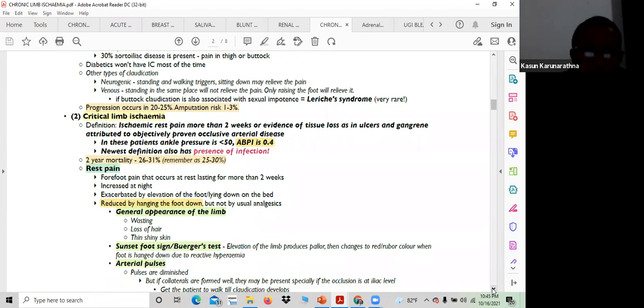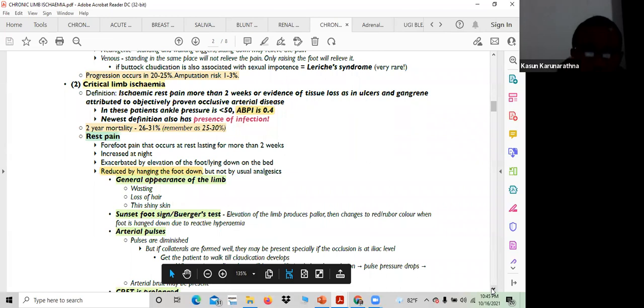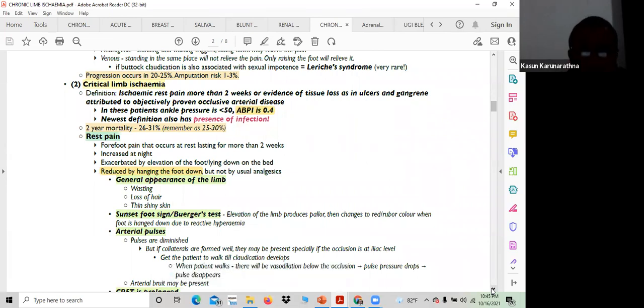In critical limb ischemia, ankle brachial pressure index is less than 0.5, right? And rest pain or tissue loss will be there. Rest pain is a forefoot pain that occurs at rest, right? It increases at night because other sensation will be diminished. At the same time, when you rest, calf muscle pumping will be absent, so there will be venous congestion that will further compromise the arterial flow.